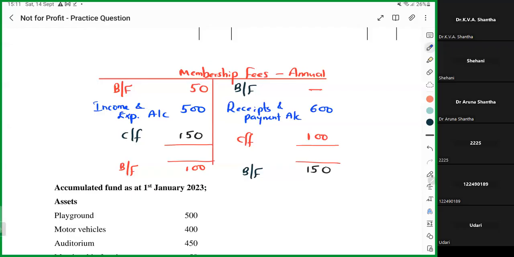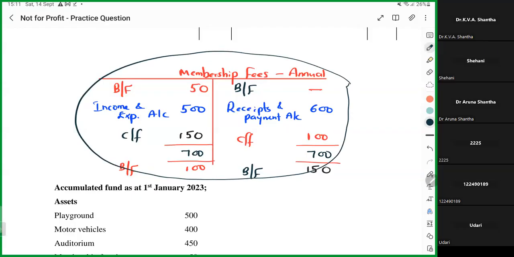Then your account should automatically balance. You see debit total 700, credit total also 700. You see the account is balanced.